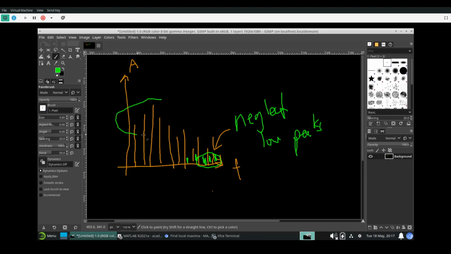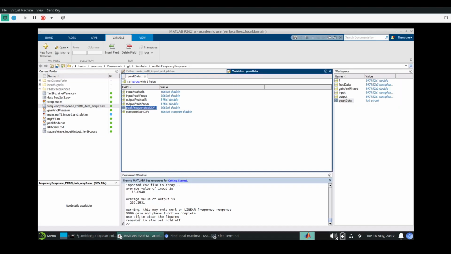However, for peaks such as these, the high peaks, the signal to noise ratio is good. The input signal at that frequency is very high compared to the noise. So that's why you only capture the high peaks.